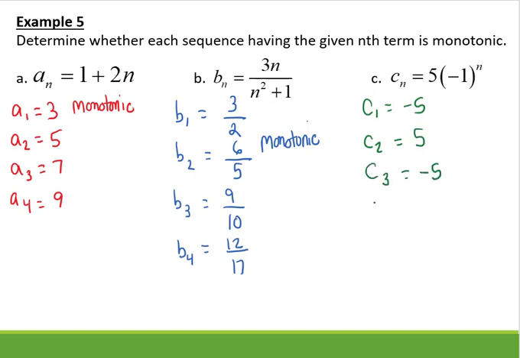So notice how, because you have your -1 to a power, actually that's not a geometric sequence, sorry. If you have your -1 to a power, you just keep oscillating between -5 and 5, so this is non-monotonic. And I realized in the middle there, this is not geometric. For geometric, these would have to be going up by a certain ratio. So I was wrong when I said that that was geometric.